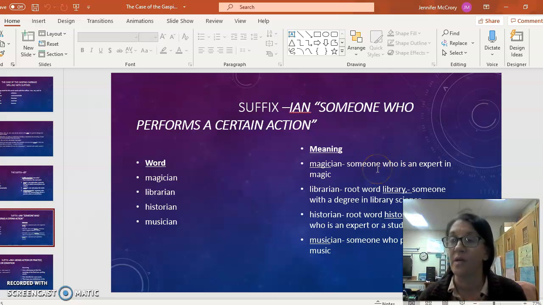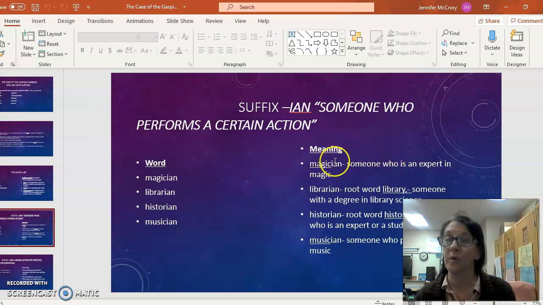Magic is something we know that gives us a trick, something that gives us a false sense of truth. So when we combine the root word that we've underlined, magic, and added our suffix, IAN, we get someone who is an expert in or performs magic. Okay, either or.